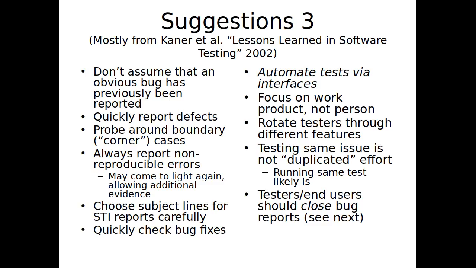So programming against interfaces is a best practice to enable flexibility, and one of the things it allows us to do is evolve things here, okay? So automate tests via interfaces. Incidentally, in Java, a given class can extend, that is, can subclass, how many classes? Yeah, at most one.